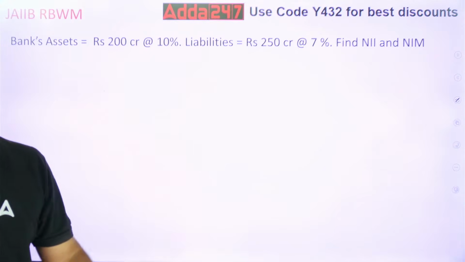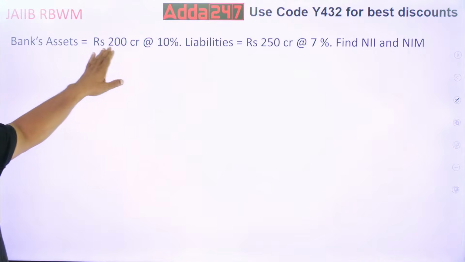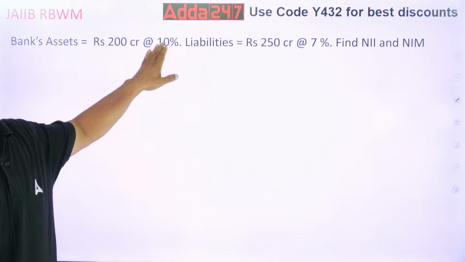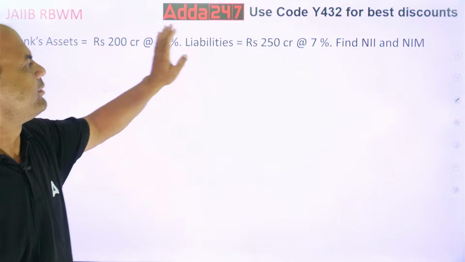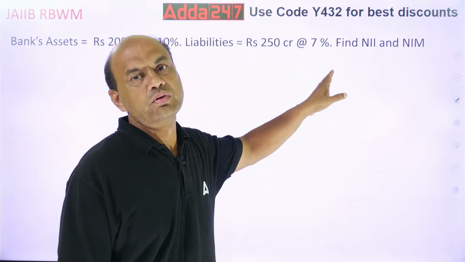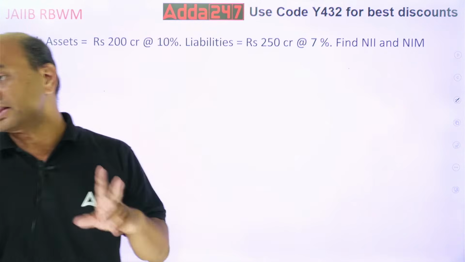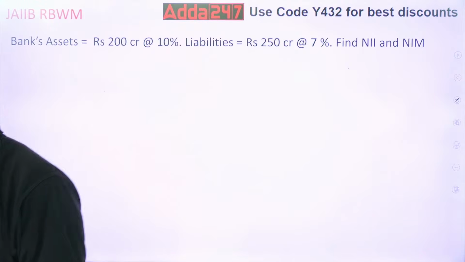Now find this. Bank assets are given as 200 crores at 10%. Liabilities are given as 250 crores at 7%. Find the NII and NIM. Both the things are to be found out. Now you give me the answer, everyone.